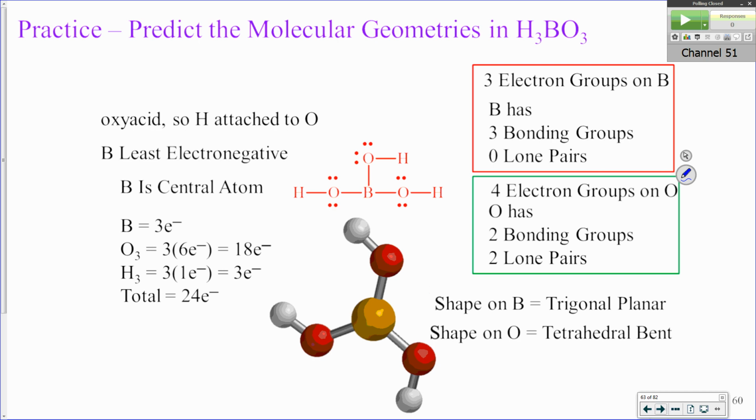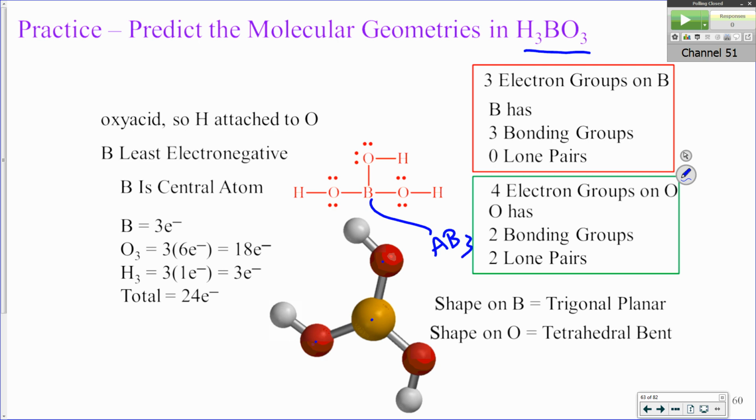Right, so this example of a multi-atom system is boric acid. If we look at it, the boron is the central atom, and each of the oxygens has a hydrogen connected to it. We look at the Lewis structure with it. The central atom is an AB3, so it's just trigonal planar.